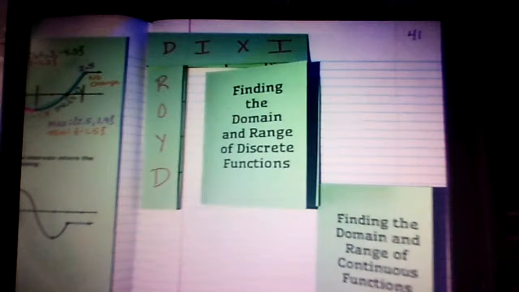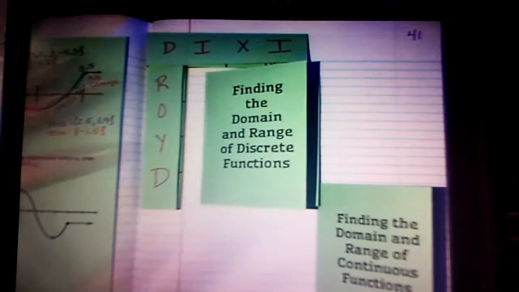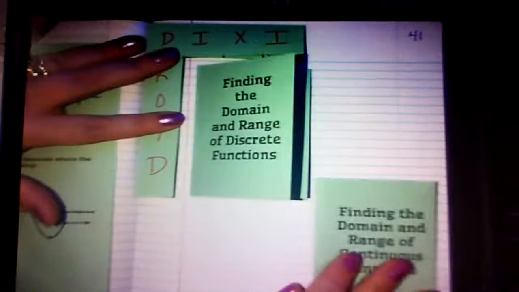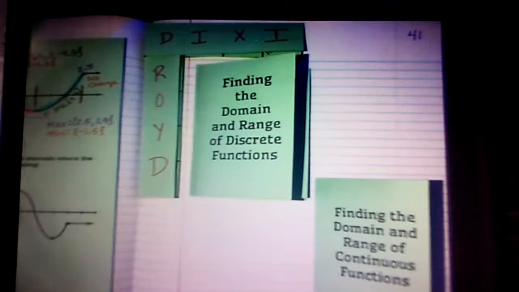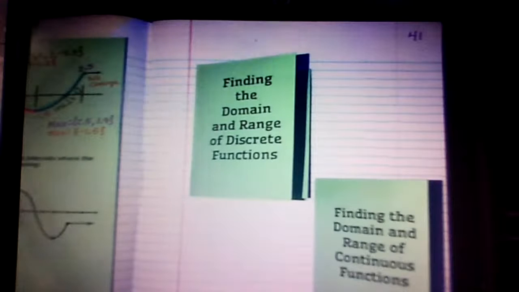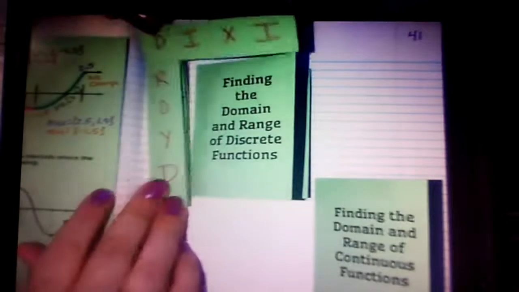So you're going to probably have to put your Dixie Roid as far to the top left corner into the seam as you can so you can fit both of those booklets in there. Then I've got one more piece that you're going to glue in that I still have to pass out, which is what you can do for independent practice. Because, like I said, everyone seems to struggle with domain and range. So the more you practice, the better off you are.